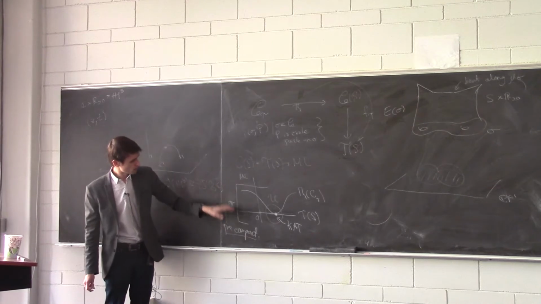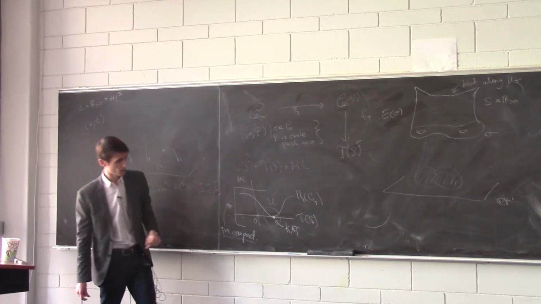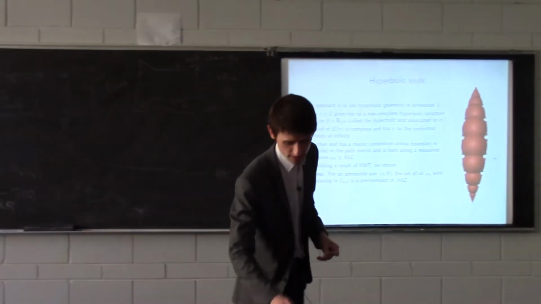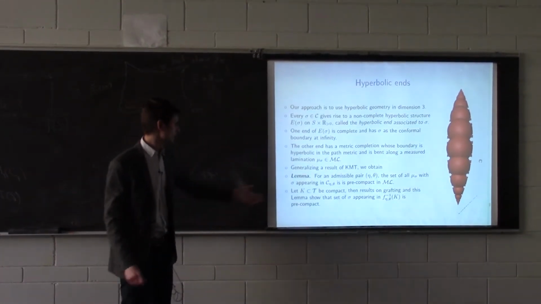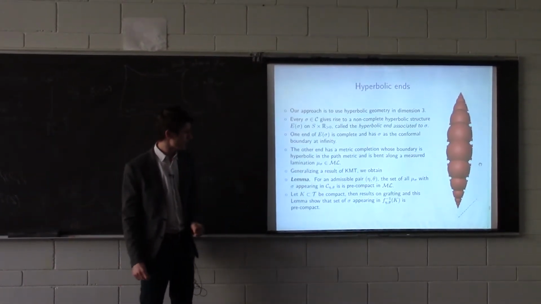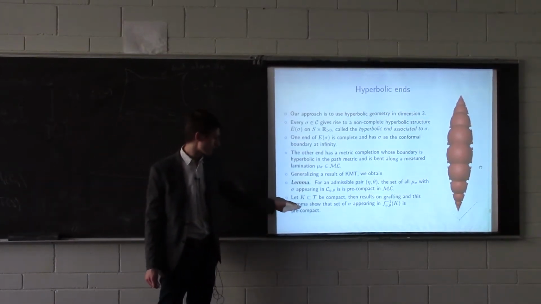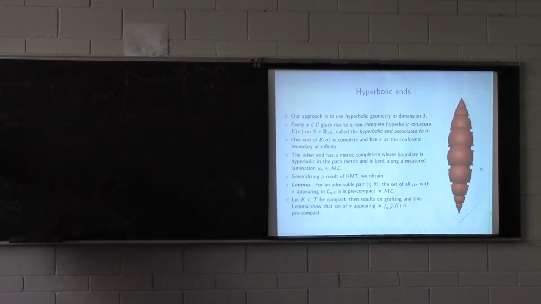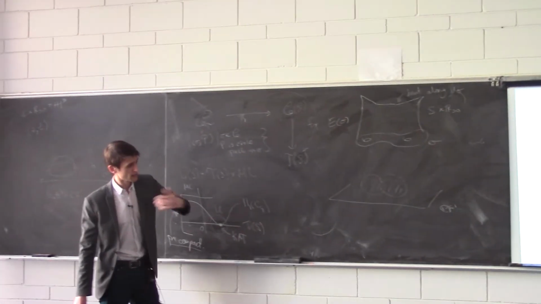So this is one tool in the toolbox, showing that the measured laminations that appear on these ends are in a finite space. So here's what I just said. If K is compact, the results on grafting show that the set of sigma appearing in the preimage, so if I just look at the sigma right there, then that's pre-compact.